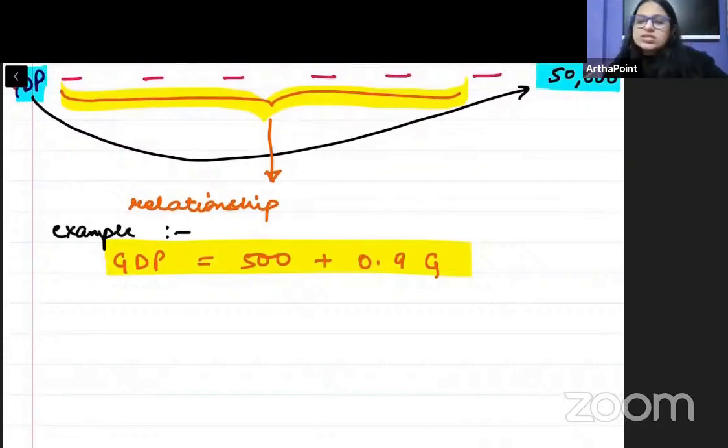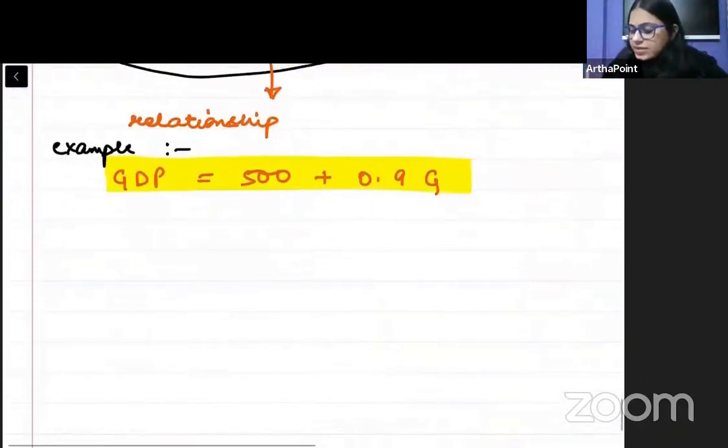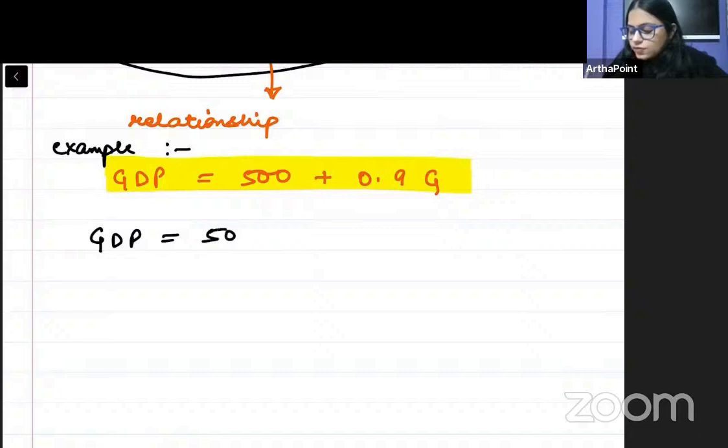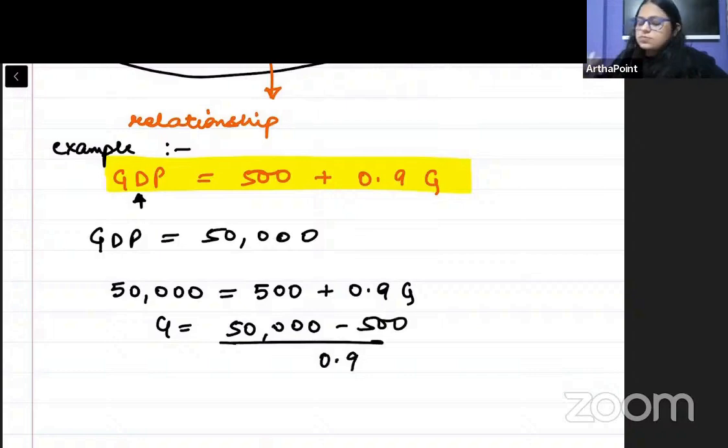Now you tell me that if you put GDP equal to 50,000, this is what you want to achieve. I will put it in this equation and I will find G for you. So I will put 50,000 here and say this is equal to 500 plus 0.9 G, and I will find out the value of G for you.